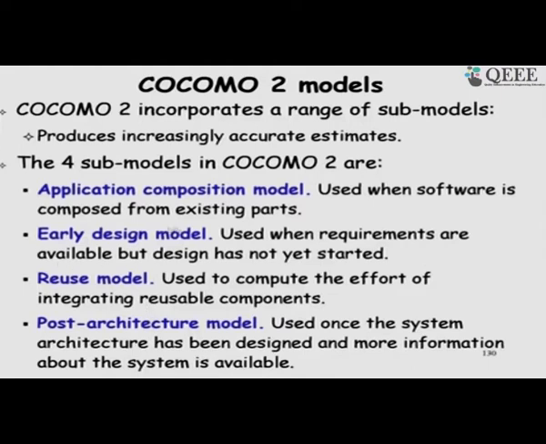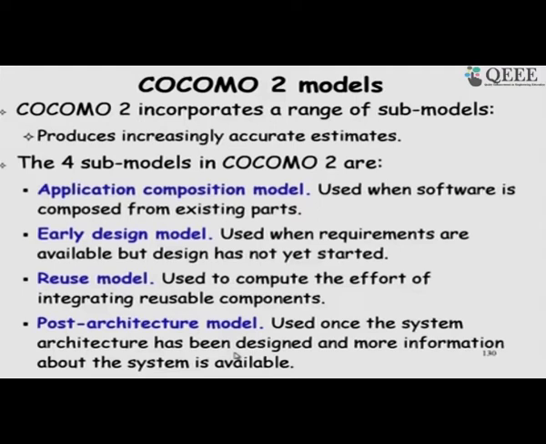One is the early design model. This is when the requirements are just available, but nothing has started. So, it is in the early phase of the development. And then we have another one called the post architecture model. Here we have completed the design and more information about the system is available.